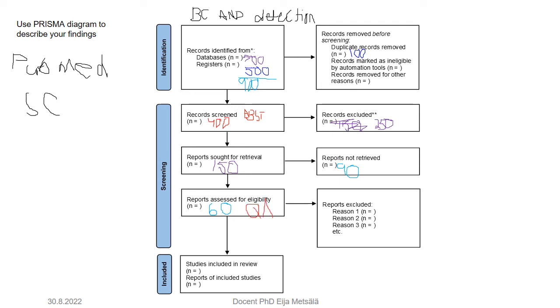For example, there are different types of quality assessment criteria, which I will be presenting you in the next slide.